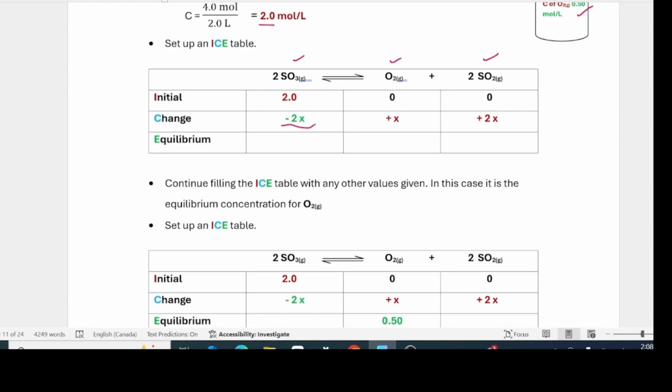So we'll be decreasing the concentration of sulfur trioxide and increasing the concentration of oxygen and sulfur dioxide, according to the stoichiometric coefficients. We do not know how much is being decomposed, so we'll let that be 2x. So we're taking away 2x from that side. This is going to be 1x, and that is going to be 2x because of their stoichiometric coefficients.